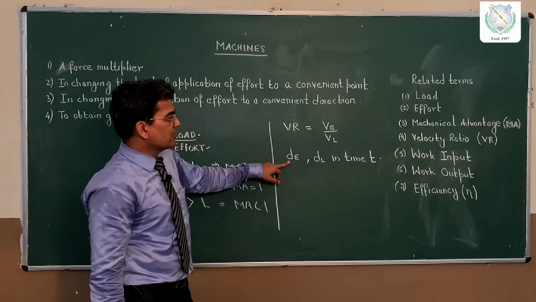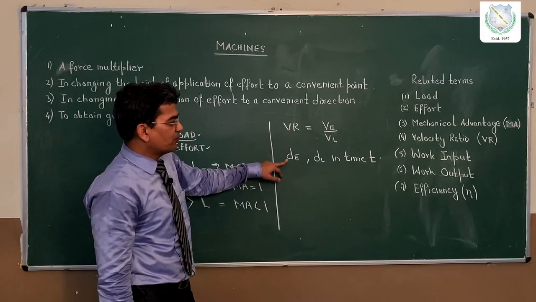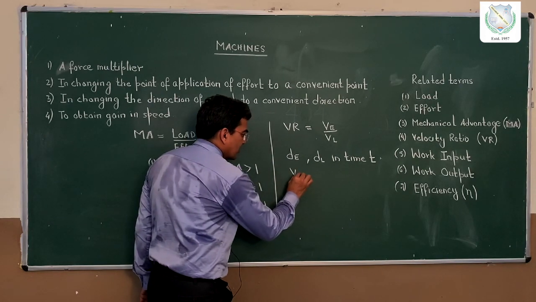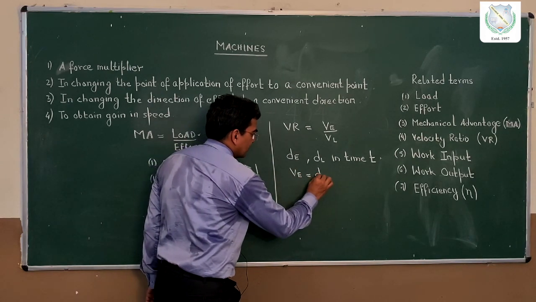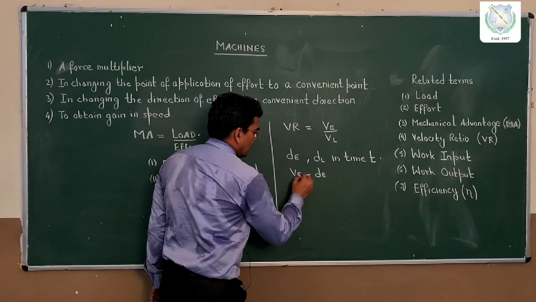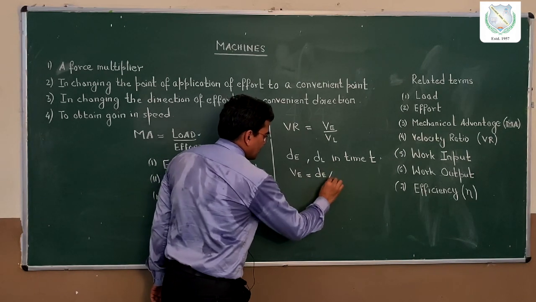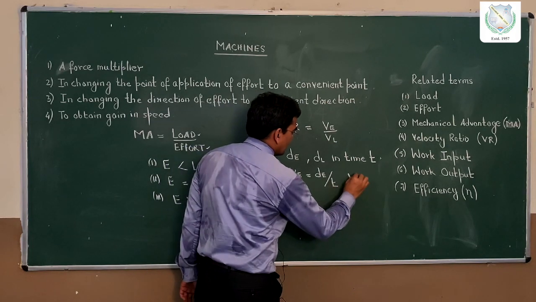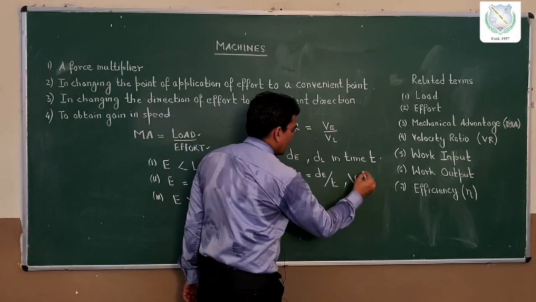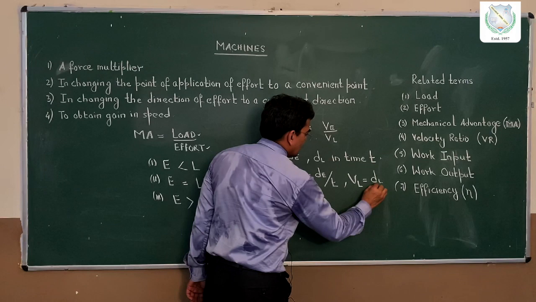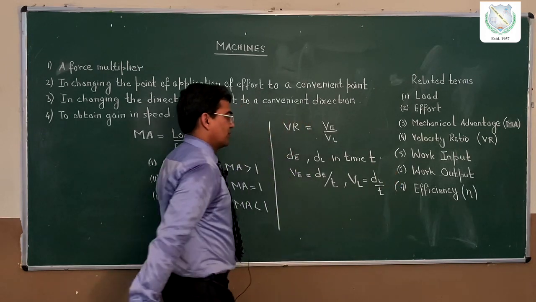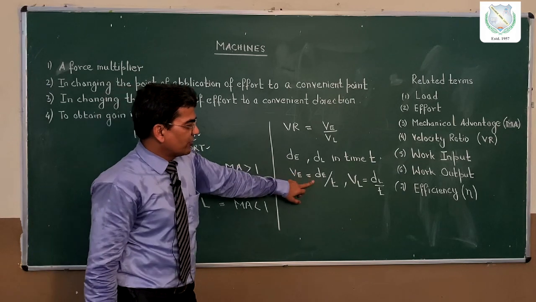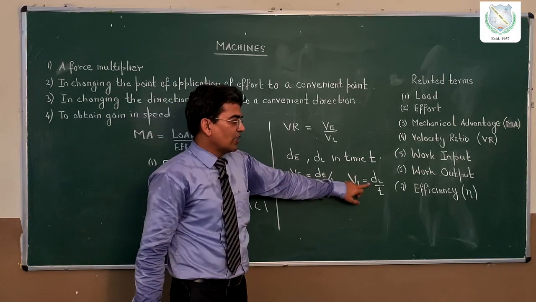If dE is the distance moved by the effort point in time t, we can get the velocity ratio as follows: the velocity of the effort point is dE by t, and the velocity of the load point is dL by t.